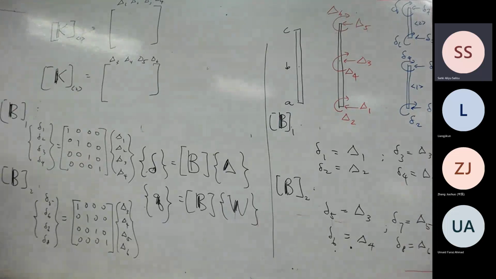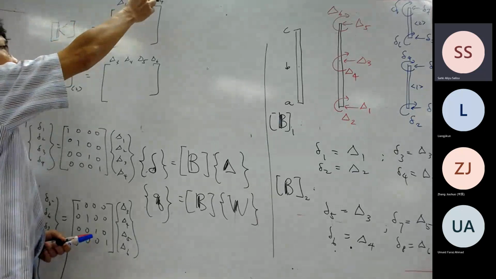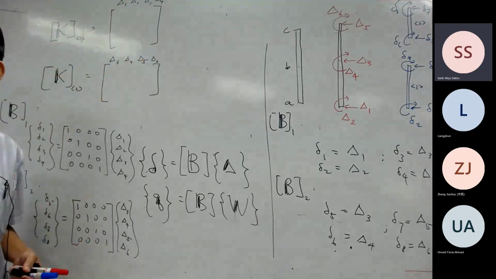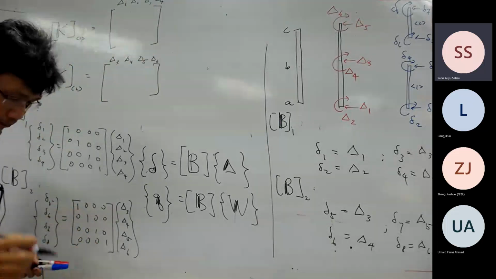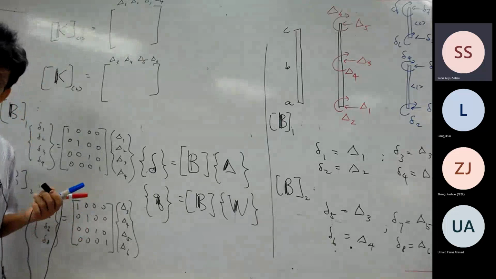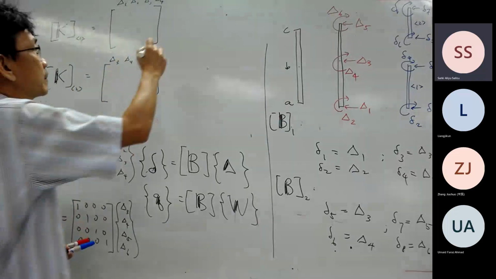And these are element stiffness matrices at global level. You need to combine them. When you combine them, you are guided by this delta 1, delta 2, delta 3, delta 4 to decide where you put them inside the structure stiffness matrix. That is the process of combining element stiffness matrices into the global one.